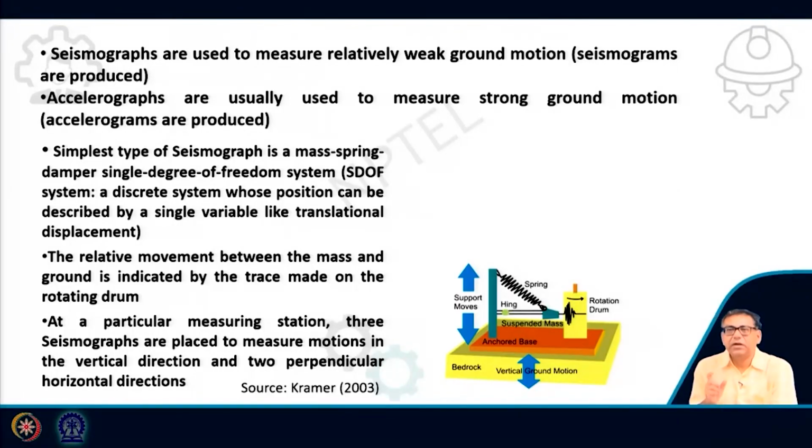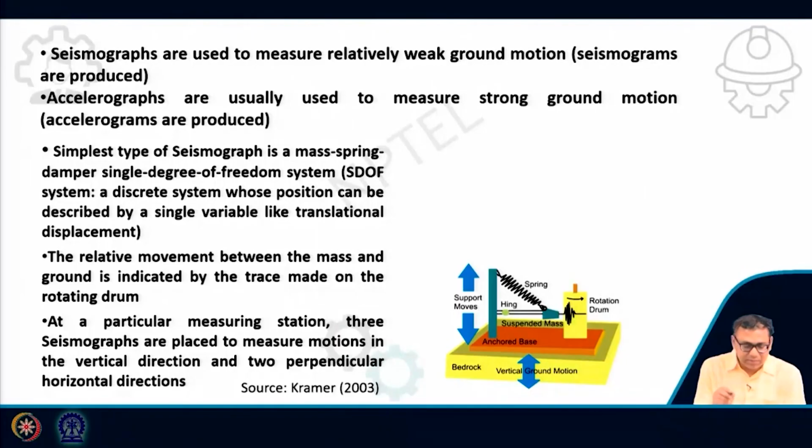If I use that seismograph, that variable will be translational displacement, which can be vertical or horizontal. Clear? Here only displacement, because we are not measuring rotation, its position is described by a single variable. That's why it is single degree of freedom.